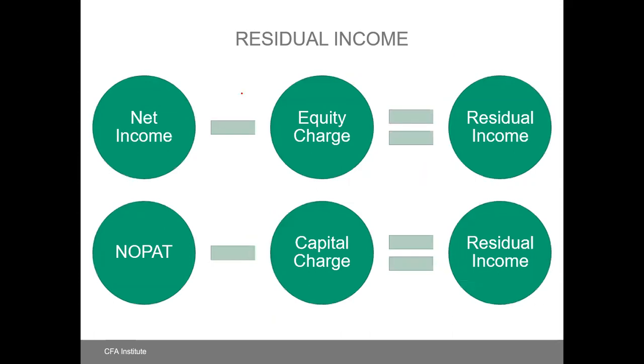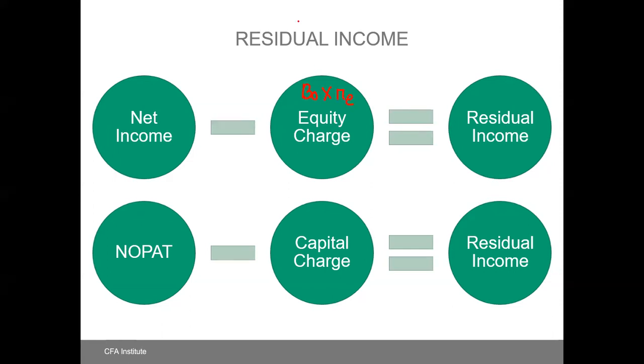If we start with the net income and subtract the equity charge, what is the equity charge? You have the book value per share, which is your equity value per share in terms of book value, and you multiply this number by r_e. r_e indicates what?